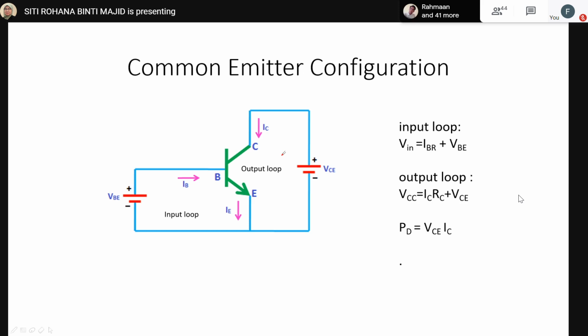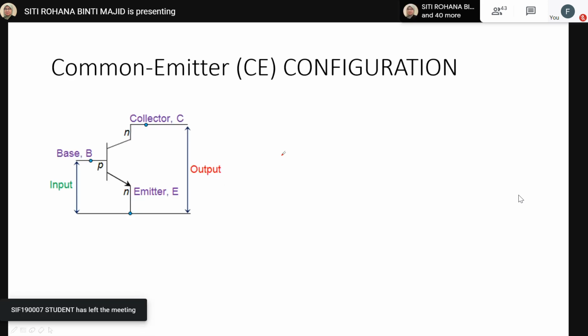And for power, we use the common equation P equals VI. For the output loop, the power is VCE times IC. So normally we consider the output loop.